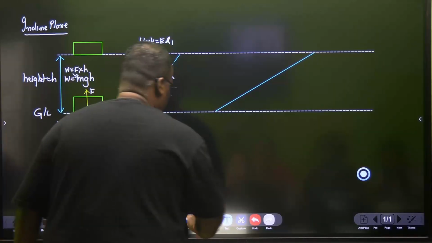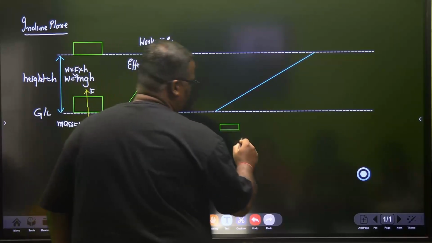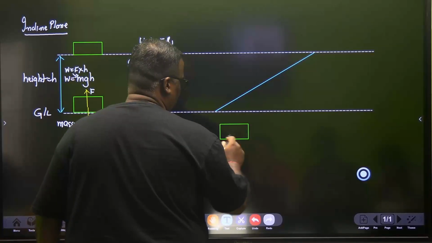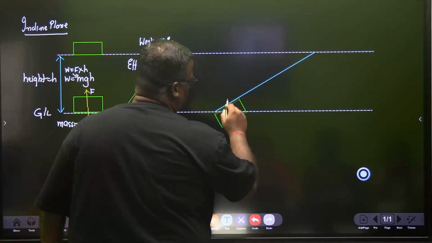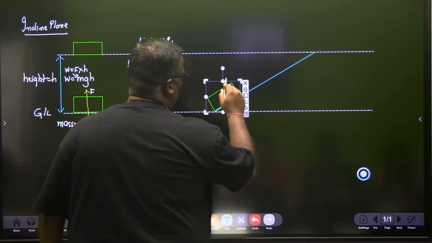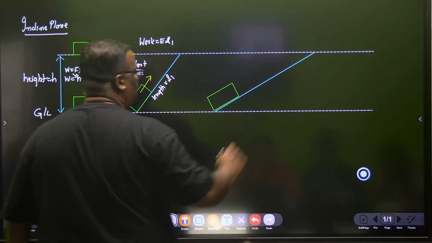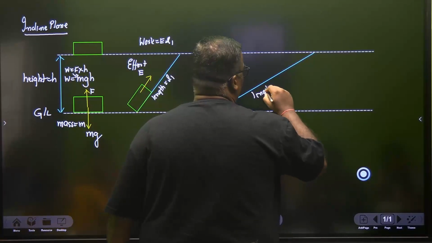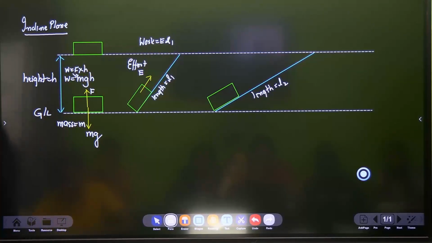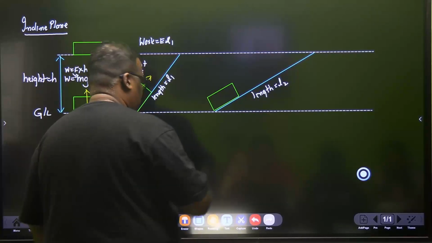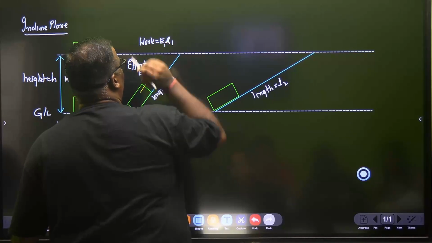Let's say this is my object, and now I am pulling it over an inclined plane whose length is equal to L2. Let's say in the first case your effort was E1.